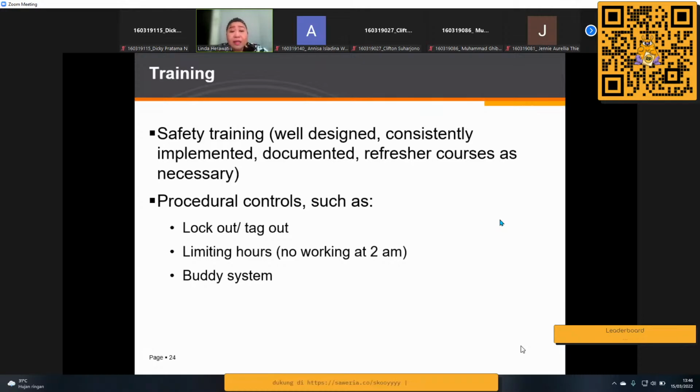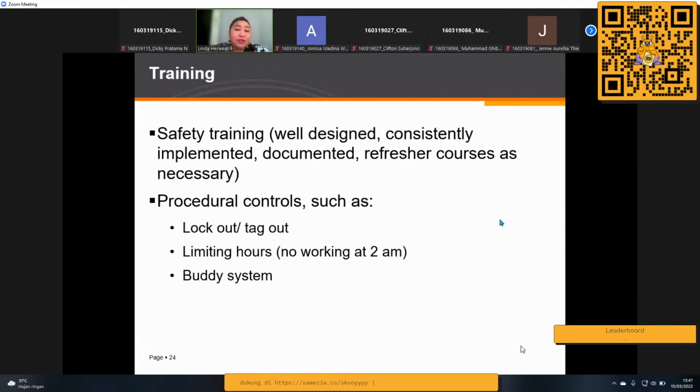And then for the procedural control, you also give limiting hours. For example, all of the workers in the hazardous area should not work beyond 2 a.m. When they are in the third shift, they have to go home or start all of the activity at 2 a.m. at the latest.